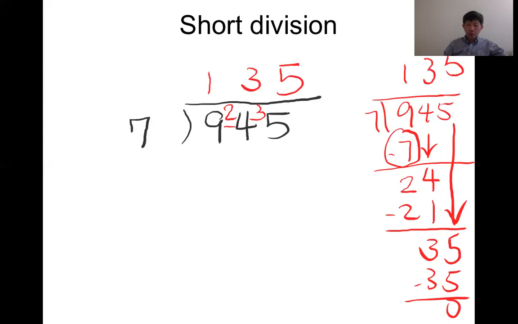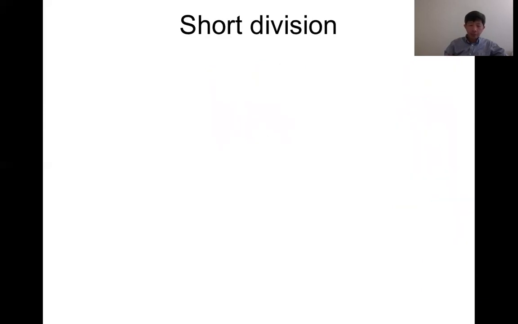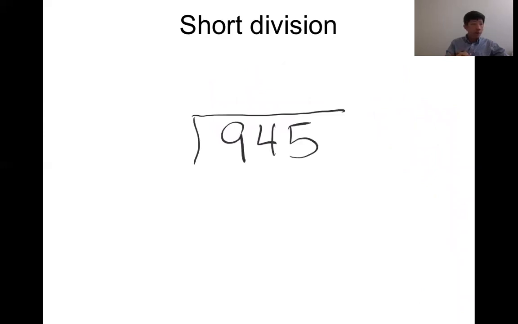Let's do it one more time. 945 divided by 7. 9 divided by 7, what's the number? That's 1. So 9 minus 7, how many? The remainder is 2, so put the 2 there.